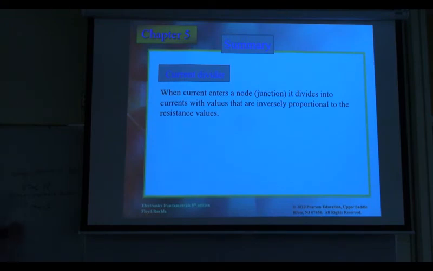Or I can move this G to this side, equals current. Now for all the branches, the voltage is the same. So that means the current is proportional to G. Current is proportional to G. So we need to make this very clear.